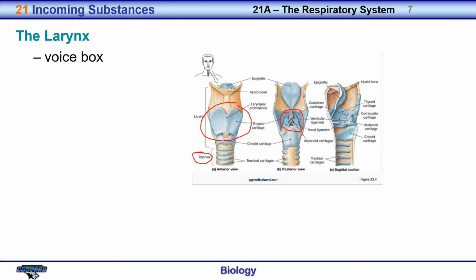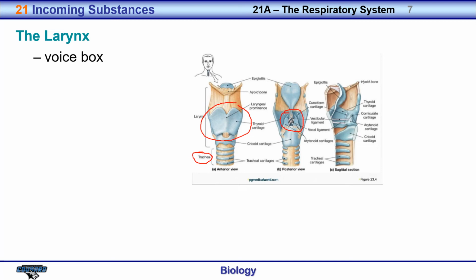The walls of the larynx, as I said, consist of several cartilage structures that are held together. You can see here where it talks about the thyroid cartilage, and then you have different names here for different kinds of cartilages, but for the detail of all of that, it's made out of cartilage. So it's not made out of bone, it's actually made out of cartilage.